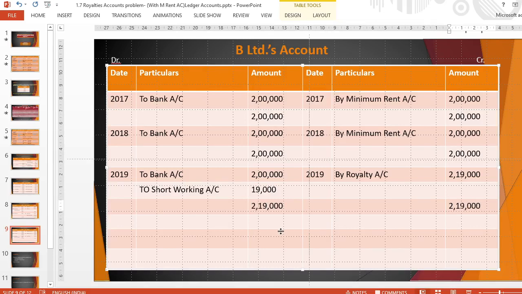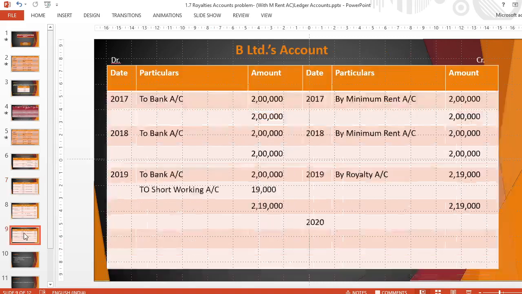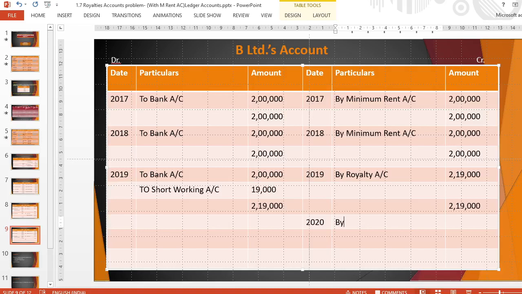Finally, in the last year, again we have not passed an entry on minimum rent account, but we have prepared royalty account. In the royalty account, we have passed an entry to lessor's account. So the corresponding entry for 2 lakh 50,000 is on the credit side, by royalty account, 2 lakh 50,000.